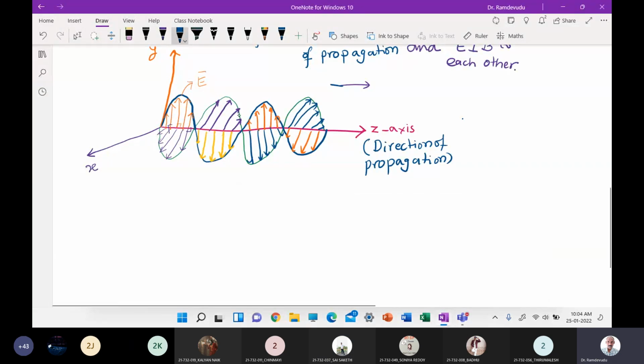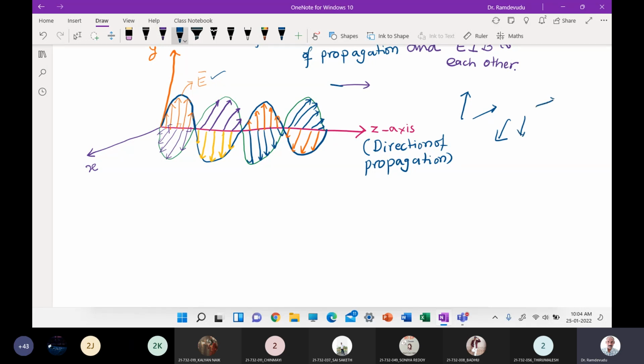Therefore, if I talk about this electromagnetic wave, the electric vector is changing its direction. That means at one time it is something like this, perpendicular to it. Next time again it is perpendicular in this direction, but next time it is perpendicular in this direction. Next time it is perpendicular in this direction, like this.